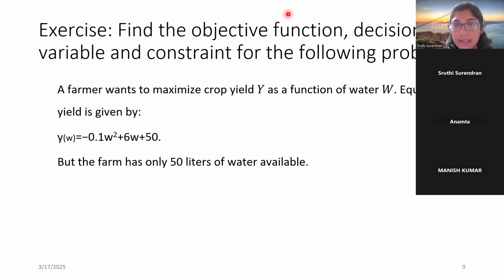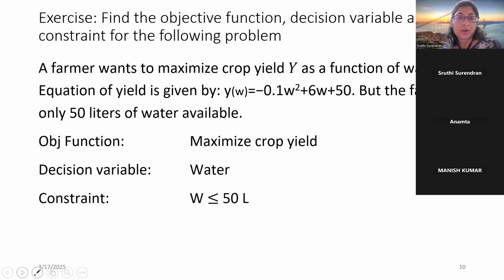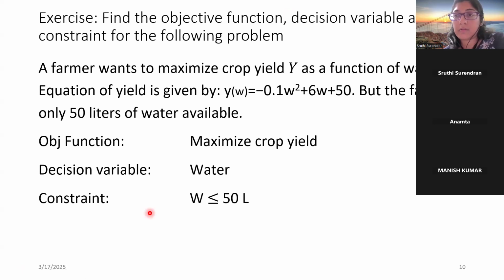Yeah, if you don't know, just let me know. I'll go to the explanation. But I would like you to try. Yes, very good. So the water should be less than or equal to 50. When we write a constraint, make sure that you give it correctly: as 50 liters of water is there, you can either use 50 liters or you should use less than 50 liters.